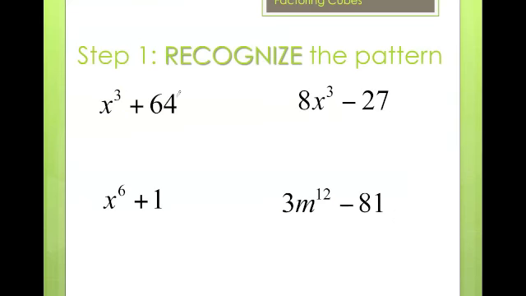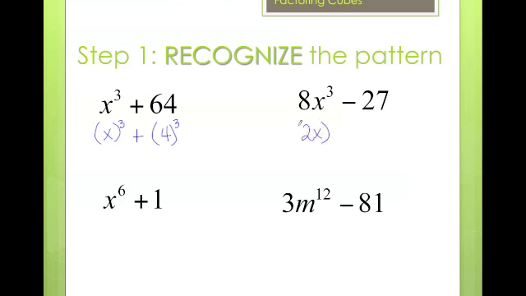So let's try a few. First of all, let's see if we can write these as cubes. This one can be the sum of cubes. The cube root of 64 is 4. So that one does follow our pattern. This one, the cube root of 8 is 2.